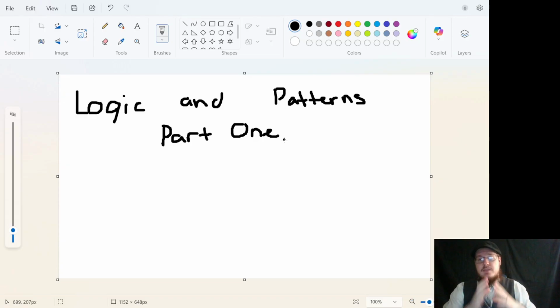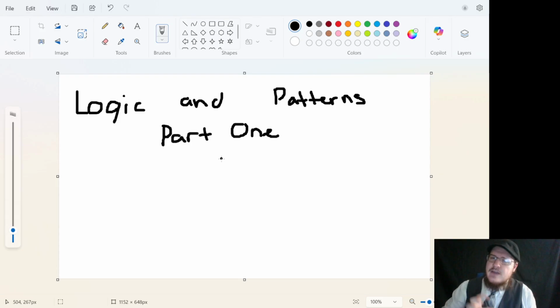Now, these patterns, this rule, what we are going to try and do is using logic, using our deductive reasoning, being detectives here, we are going to then find what this rule is and figure out how this pattern is governed. Okay? Now, there are two big patterns I'm going to cover.